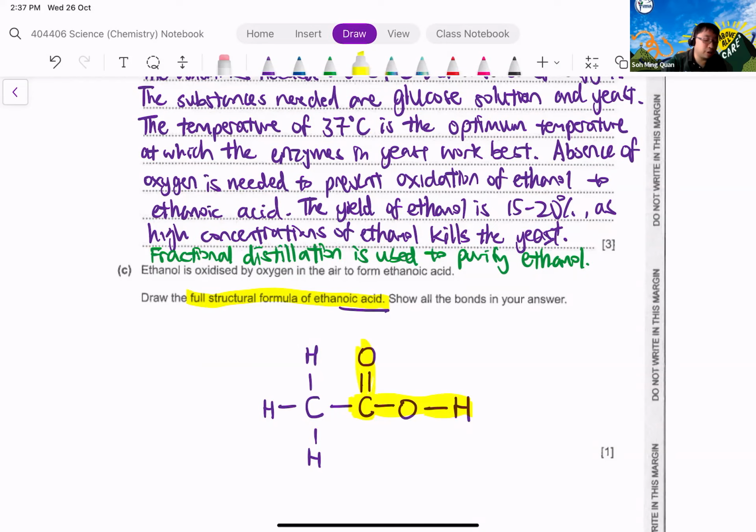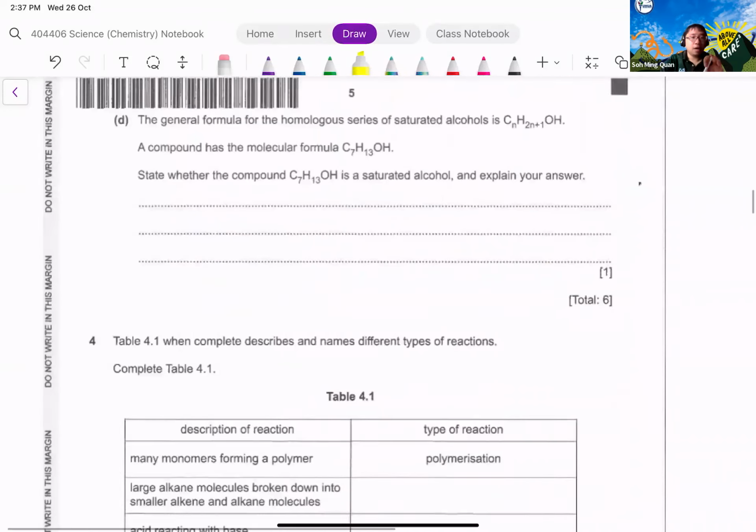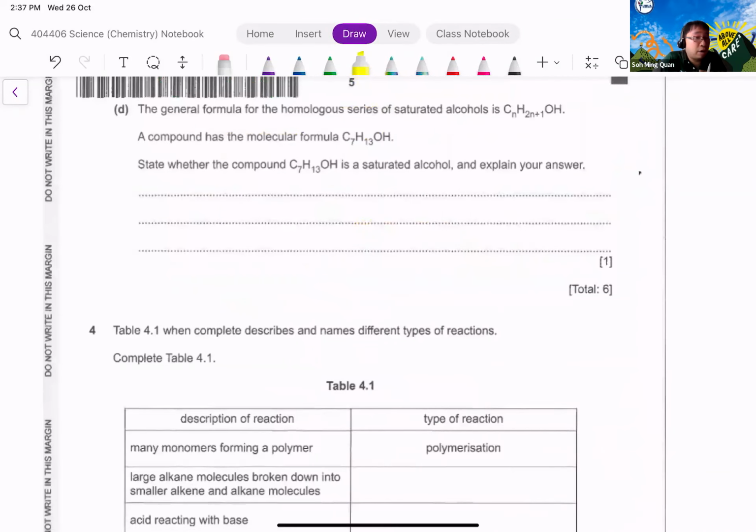Now, 3D is quite challenging. Because what they have given you is the general formula for alcohols. This one you learn, right, by heart. But this is for saturated alcohols. Means there is no carbon-carbon double bond. If there's no carbon-carbon double bond, it will have the general formula CnH2n+1OH.